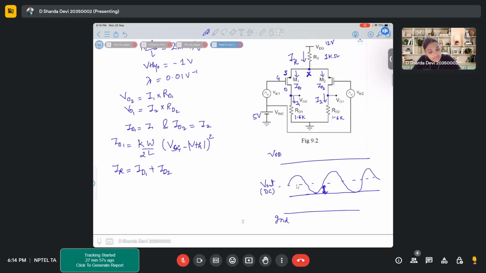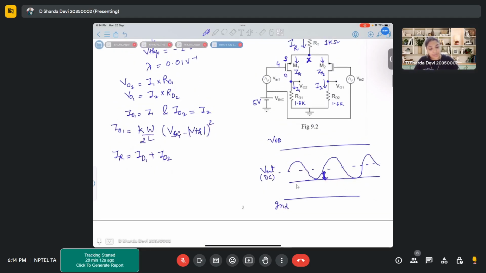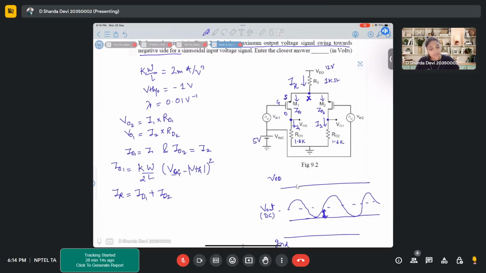If we had known this potential at X node, which is the source for the transistors, we would have simply got the current through the transistor. But since we don't know the potential at this point, let's equate the currents flowing through RT and these two transistors.